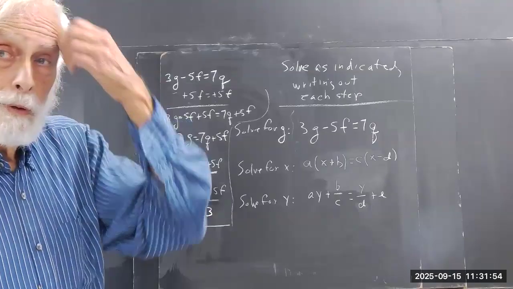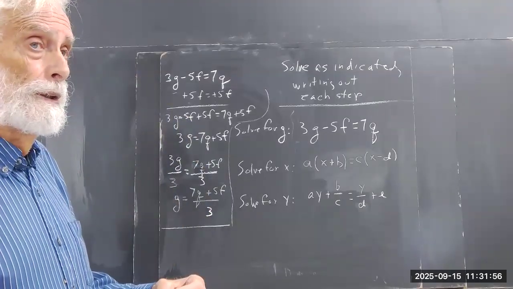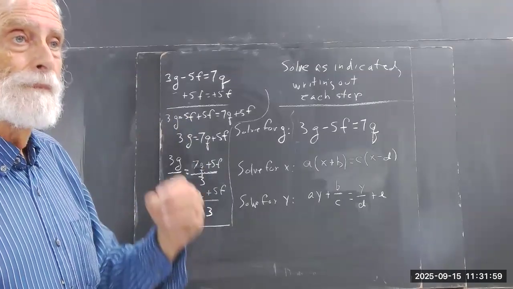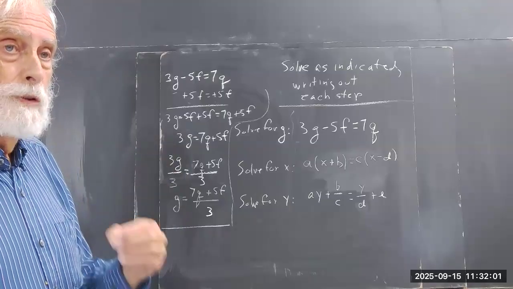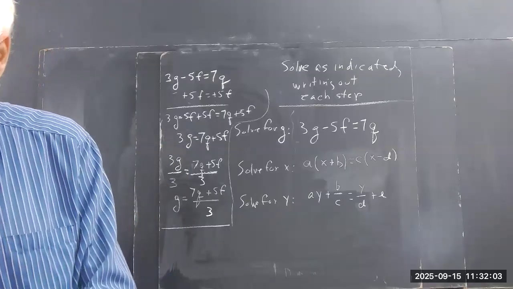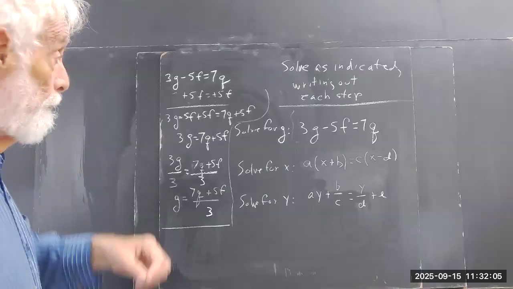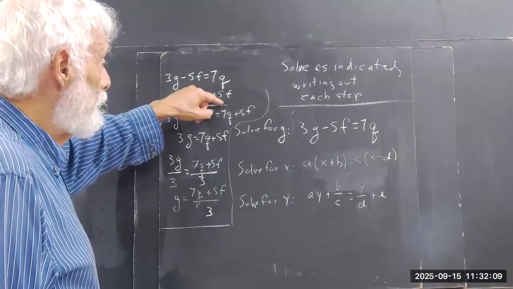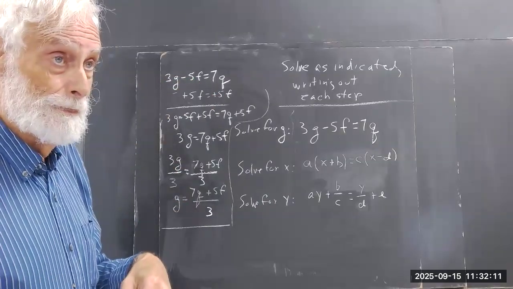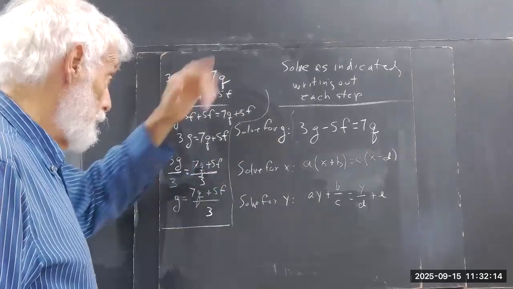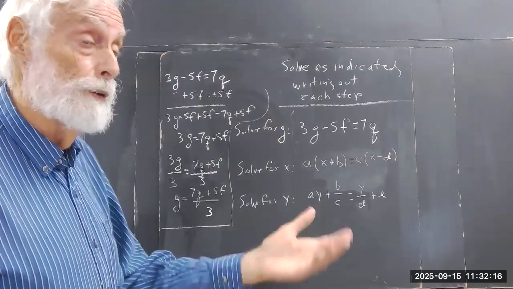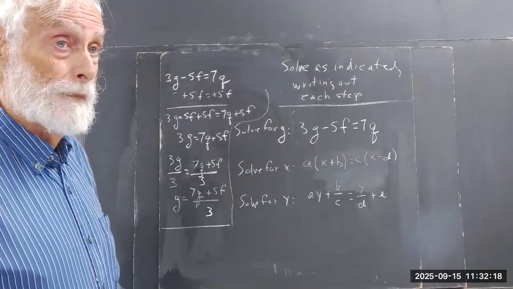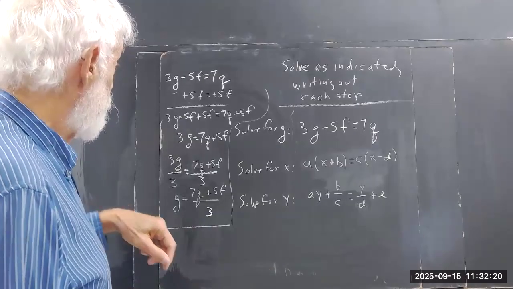You have to know these operations and you have to apply them correctly and consistently, which means that you ought to be writing on your paper when you do these. Over to the side, add 5F to both sides. Write that out over here. I didn't have room, and I'm not going to do that because I've already done that several times. So you can always look back.